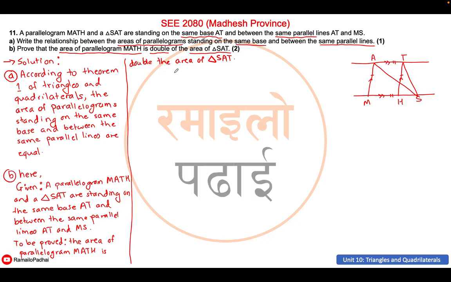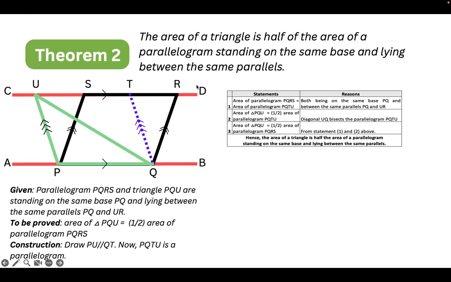Okay, now moving on to construction, because in theorem 2 we need to construct. In theorem 2 we constructed a line so that the triangle becomes one half of the parallelogram. So we constructed QT so that PQTU becomes a parallelogram.